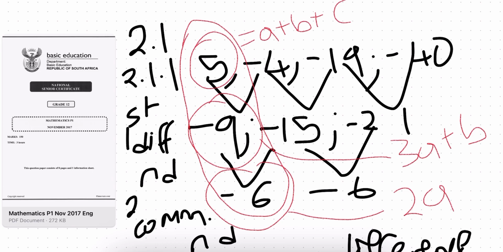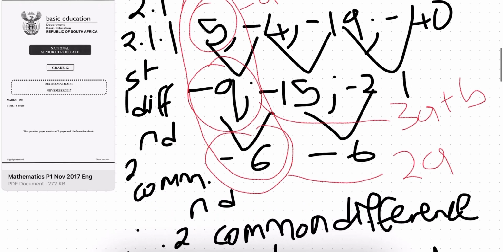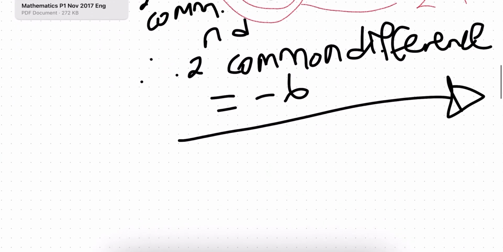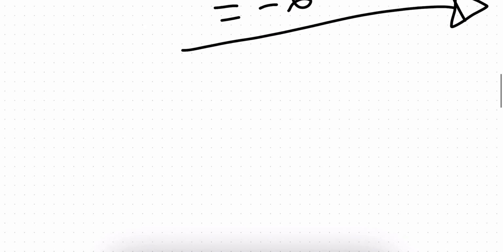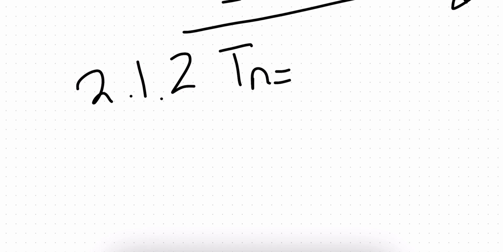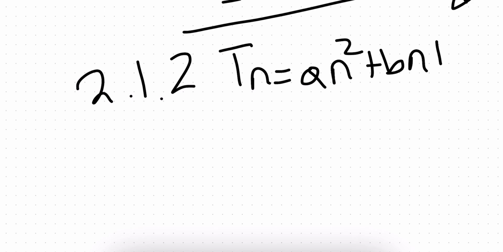Okay, cool. So now, when you're determining the nth term, there was 2.1.2, right? In a quadratic sequence, your Tn is equal to an squared plus bn plus c.